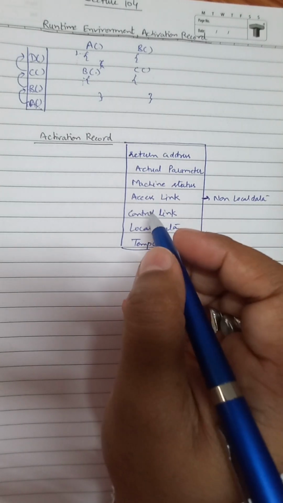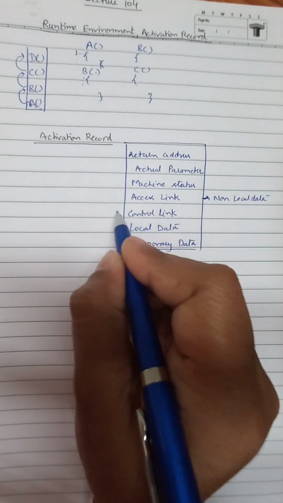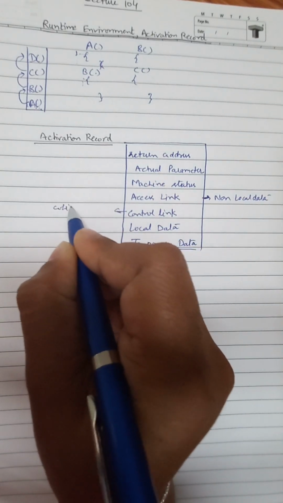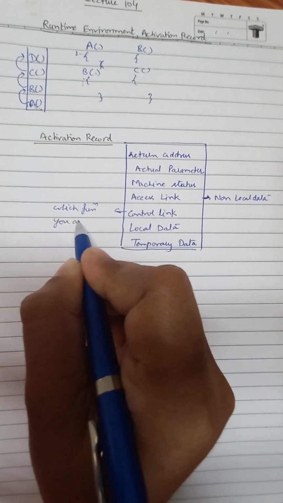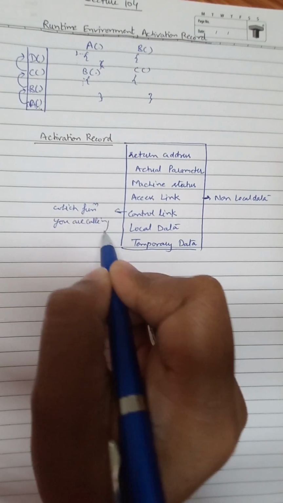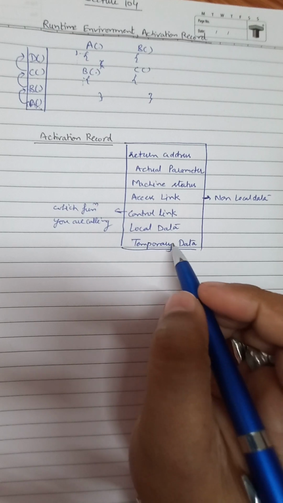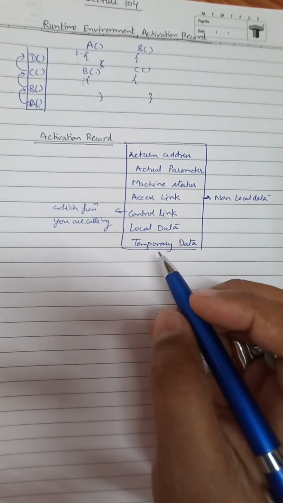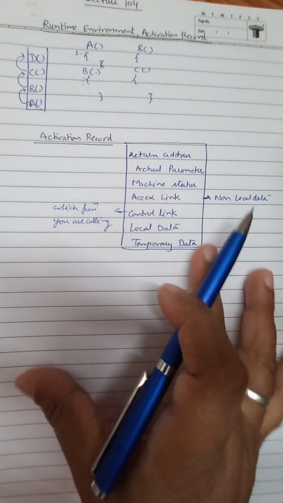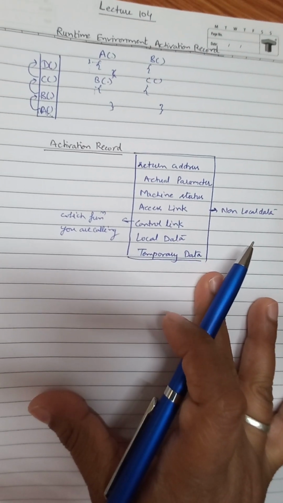And control link, which function you are calling. Local data, variables. Temporary data, for example if we are storing something somewhere for the time being. So all these things get stored in the activation record.